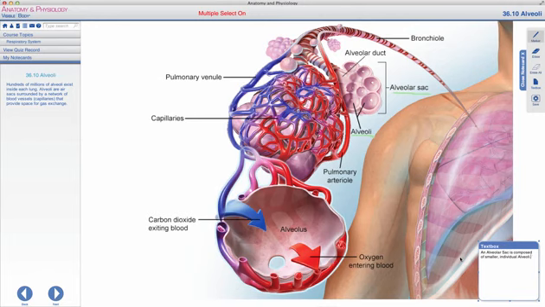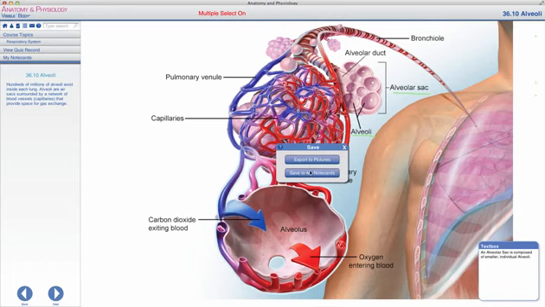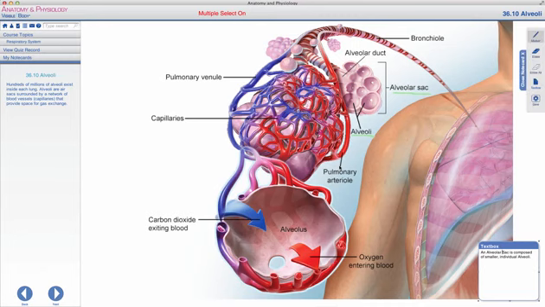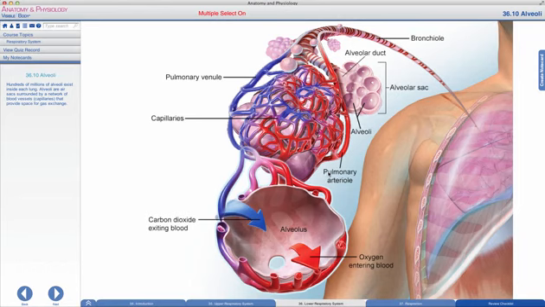That way you can reference it later on in case you get confused. We'll save this note card, which we'll title alveolar sac. And we can review it later on by looking at this tab known as My Note Cards. But for now, we're going to continue on with our discussion of these structures.